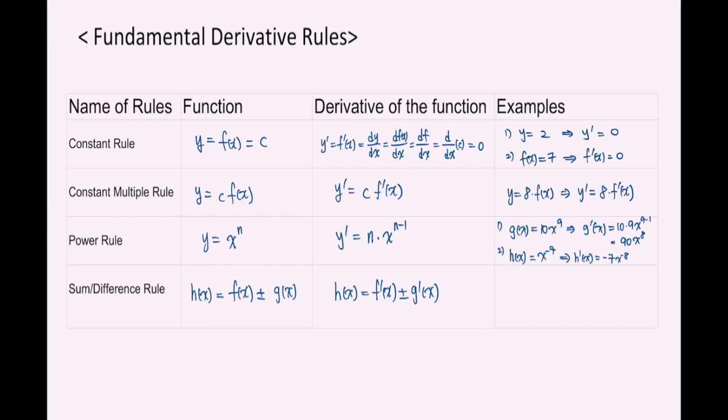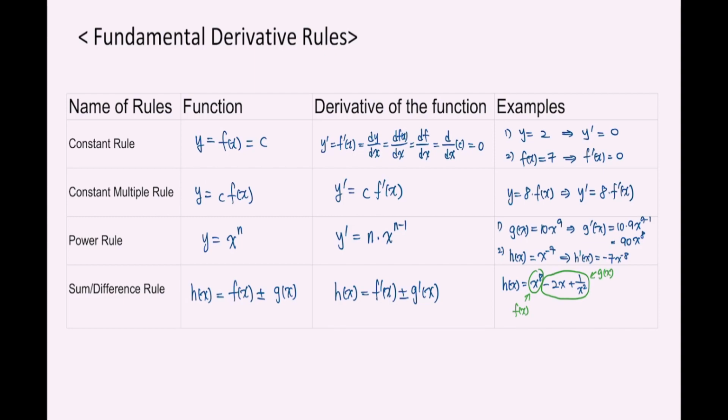Looking at the example of sum and difference rule, when we have h(x), that is x to the 8th power minus 2x plus 1 over x squared, we can break the h(x) into the sum of f(x) and g(x), like x to the 8th power to be our f(x) and negative 2x plus 1 over x squared to be our g(x).